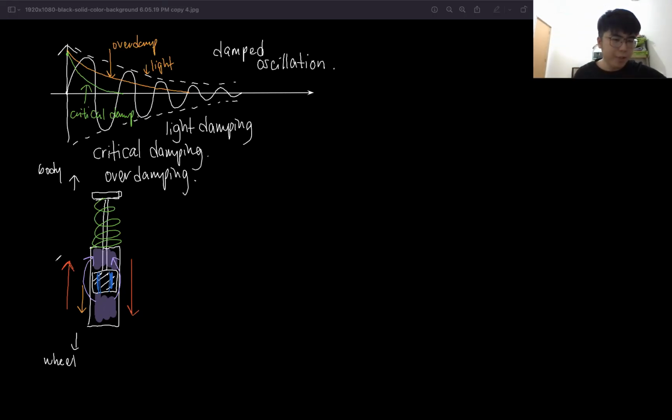So the key point is that when the piston vibrates, the vibration is converted to heat energy, and that's how engineers and scientists use damping. They use the damper to bring down the amplitude of the vibration.